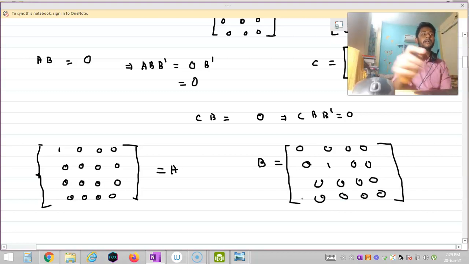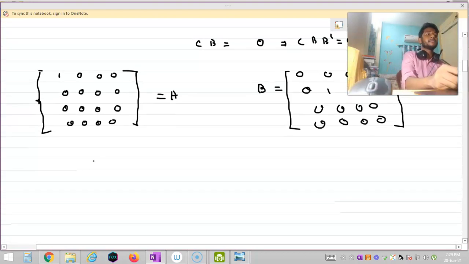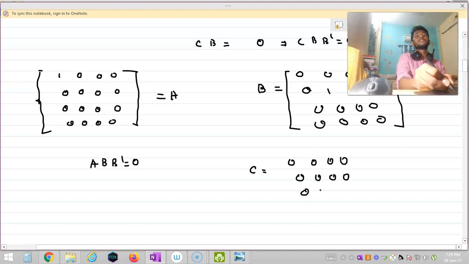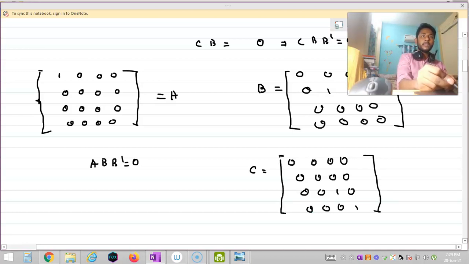Then you can check that B' is again B. Now I am considering the matrix C with 1s in the last two diagonal positions and zeros elsewhere. Then if you multiply C with B, you will get the 0 matrix.